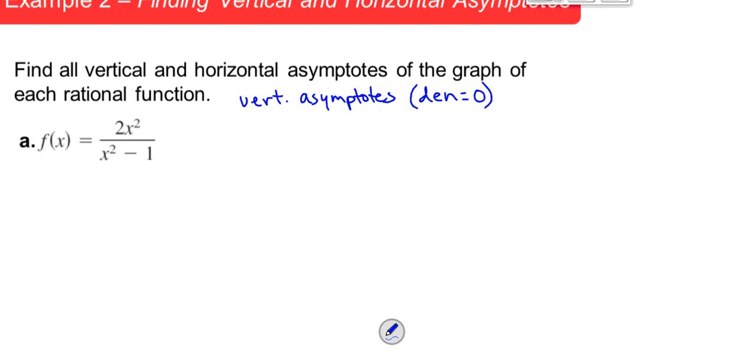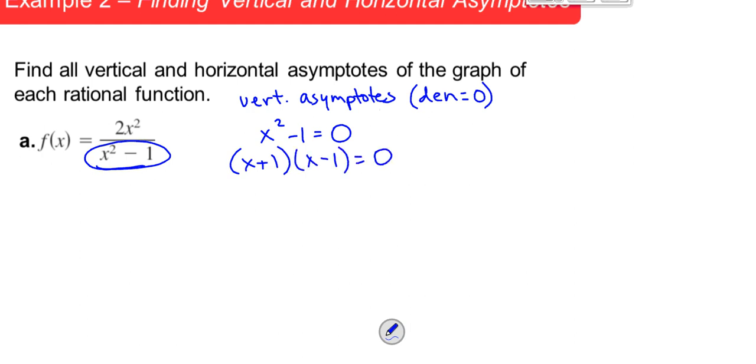So we just go x squared minus 1 equals 0. And we factor that, x plus 1, x minus 1 equals 0. So x equals negative 1 and x equals positive 1. So those are our two vertical asymptotes.